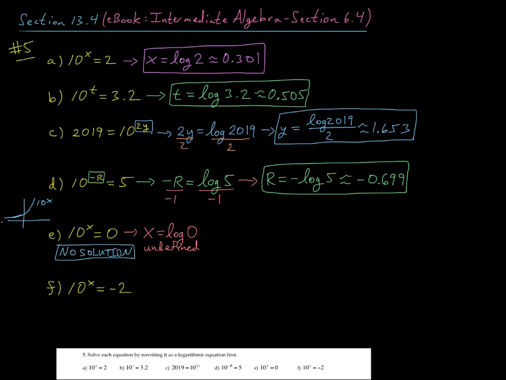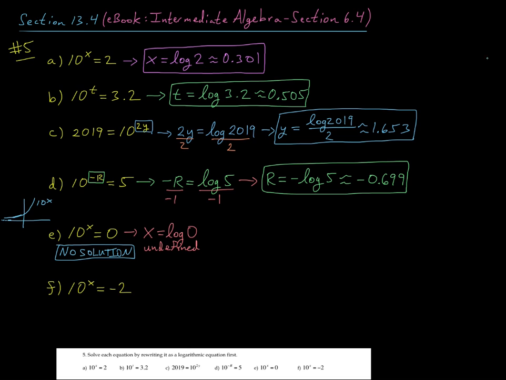So in other words, as I move way out to the left, my graph is going to approach the x-axis from above, right? But I'm never actually going to hit 0. That's the point. 10 raised to, say, negative 10 million, it's going to be a really, really small number, infinitely small, but it will not actually equal 0. And so this equation actually has no solution.